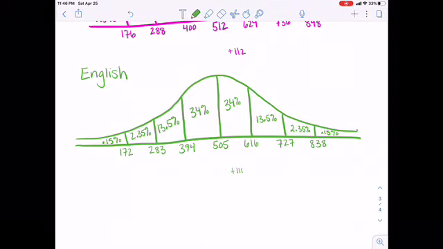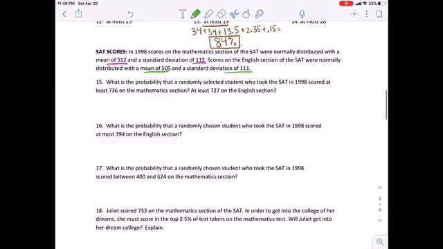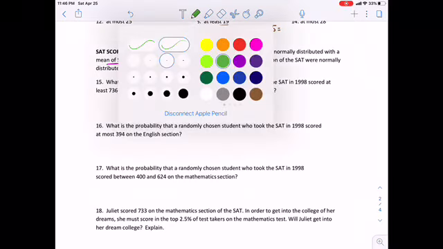Well, now that I have the picture drawn, I can go ahead and answer these questions. So this first question says, what is the probability that a randomly selected student who took the SAT in 1998 scored at least 736 on the math section or at least 727 on the English section?